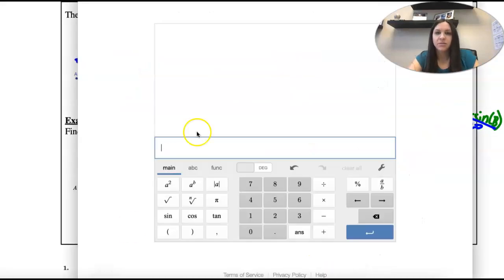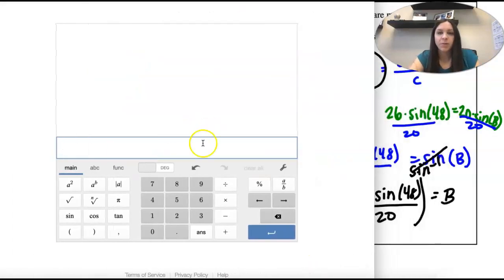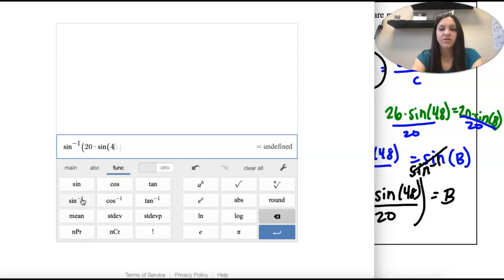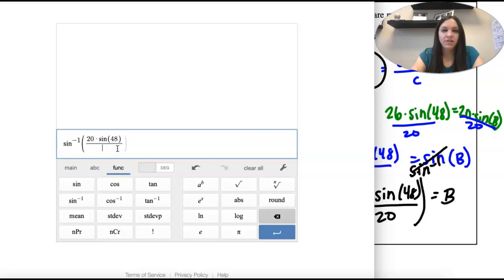Okay, so remember our sine inverse is under function. And then I have 26 times sine of 48, and I want this whole thing divided by 20. I typed that in wrong.